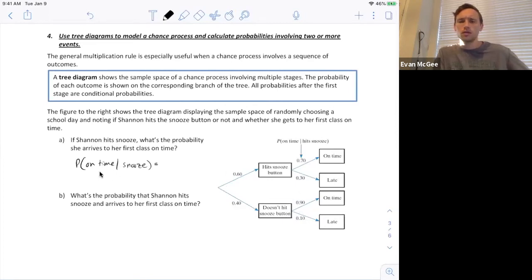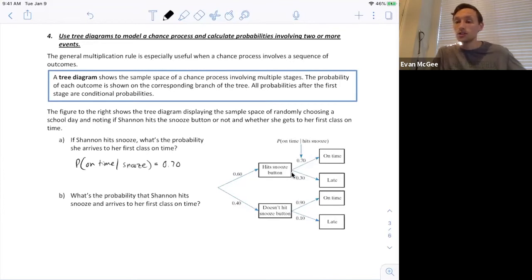So the probability that she's on time given that she snoozes is right here, 0.70. The probability that she is late given that she hit snooze is 0.3. The probability that she is on time given that she doesn't snooze is 0.9.